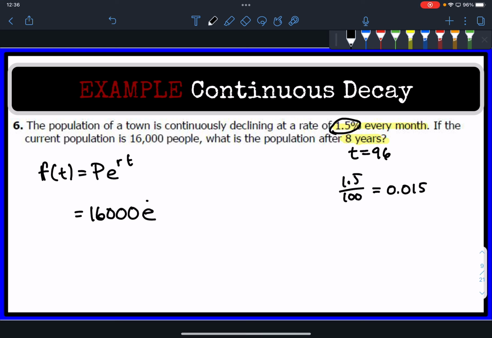So we're going to raise e to the negative 0.015 times the 8 years, which in months is 96 months. Which is going to equal approximately 3,791 people. So these are the number of people left in this town.